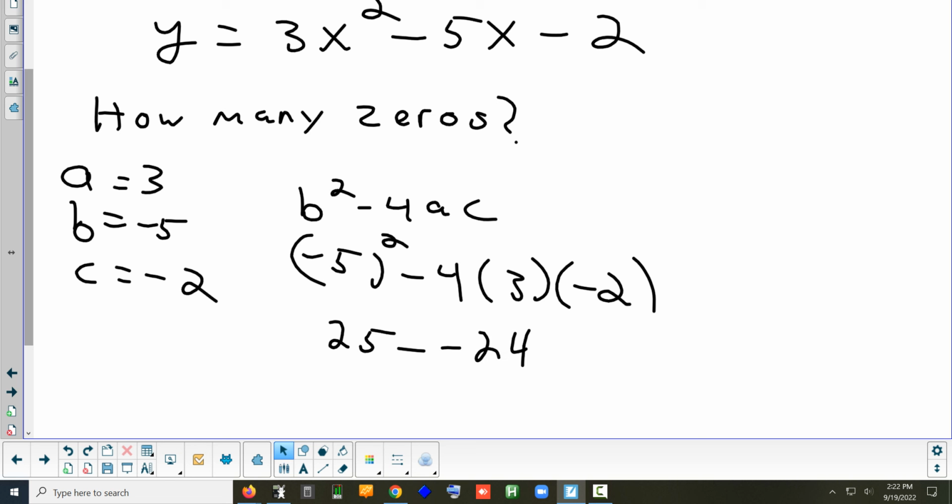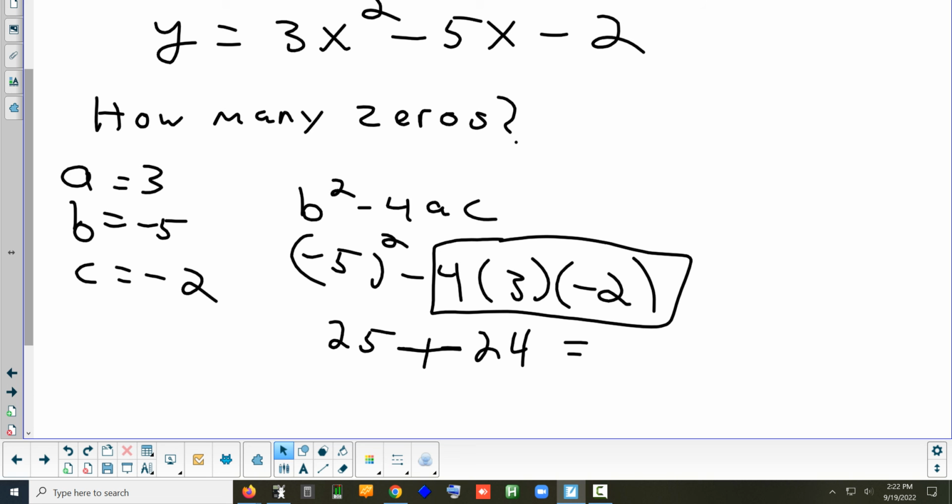So I have 25 minus, and when you do all this out, you get negative 24. So, Naisha, what's going to happen with 25 minus 24? It's gonna be 25 plus 24. Right, that's just going to become a plus. And 25 plus 24, that gives me how much?